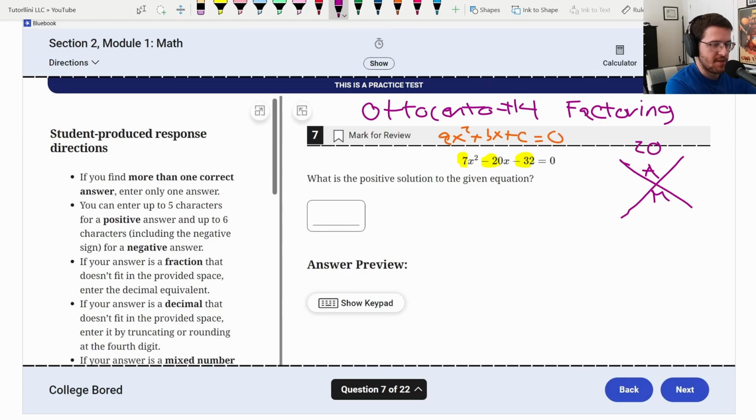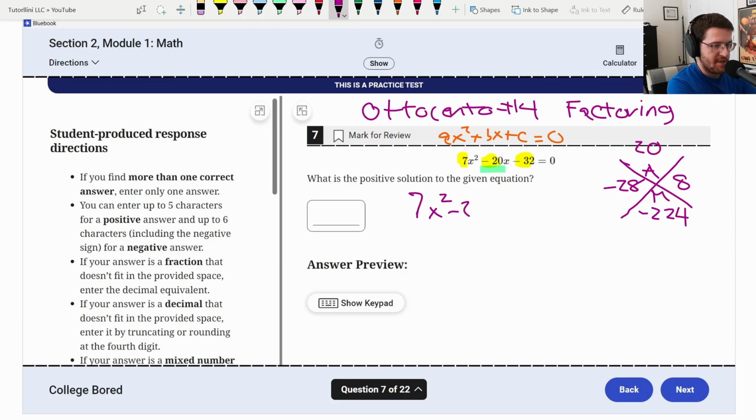And they have to multiply to ac, a times c, 7 times negative 32, which is negative 224. This is really hard with such big numbers, guys. But the two numbers that add to negative 20 and multiply to negative 224 are negative 28 and 8. So we're going to split the bx term into those two numbers.